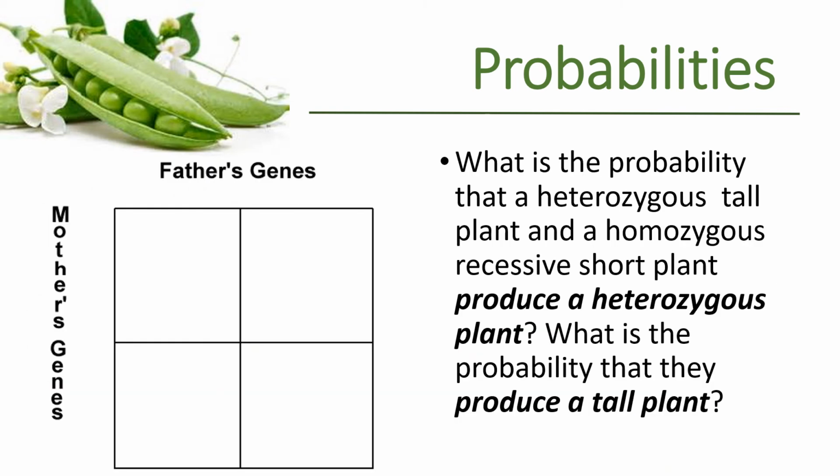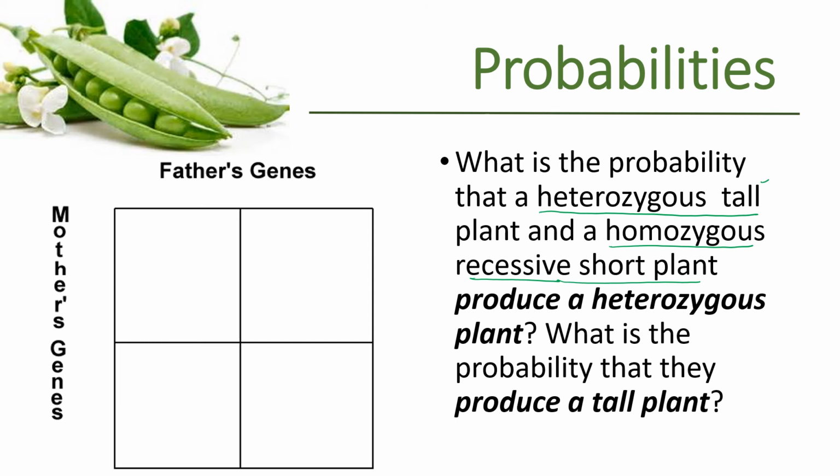So let's take a look at probabilities while doing a Punnett square now. So we're looking at the probability of a heterozygous tall plant crossing with a homozygous recessive short plant. This is not telling you what your genotypes are in the sense of giving you the letters. You have to figure out the letters on your own.